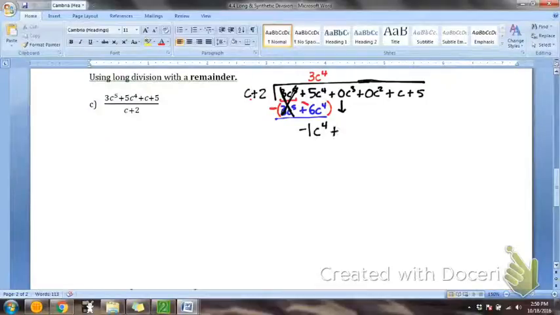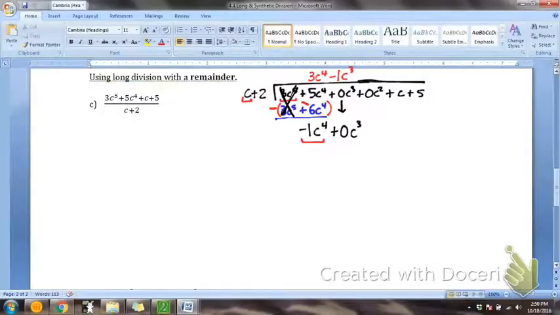Good. Plus 0c cubed. Okay, what do I multiply c by to get negative 1c to the 4th? Negative 1. We know that part. Negative 1 c to the 3rd.